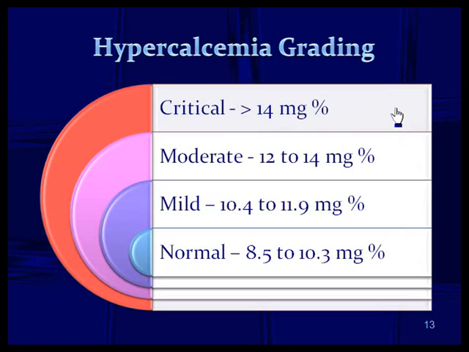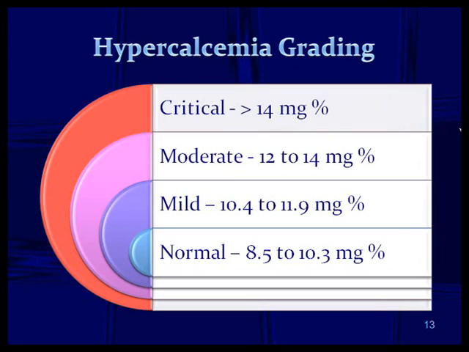More than 14 milligrams of serum calcium is called critical hypercalcemia, and this requires admission and very intensive treatment to bring down the calcium much below the 14 milligrams level, so that the cell membranes are protected and the cell electrical activity is maintained. Otherwise, the patient may end up with cardiac arrhythmias and we may lose the patient.